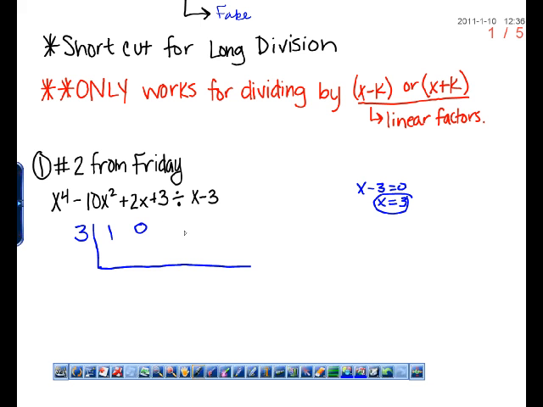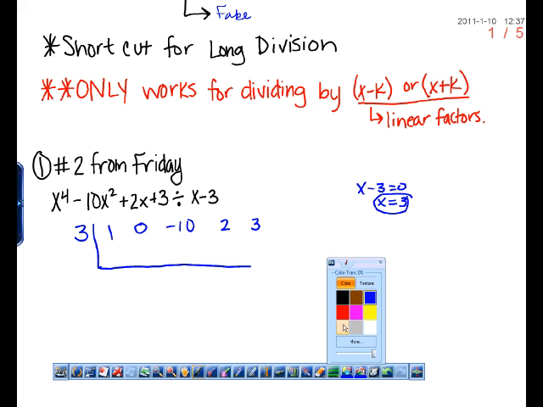So write yourself a 0. Then negative 10, 2, and 3. So the first step is you write out the coefficients, making sure you put any placeholders where it's not represented. Okay, this is the setup.